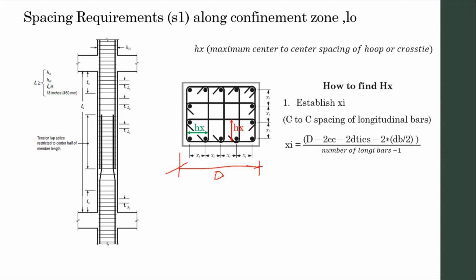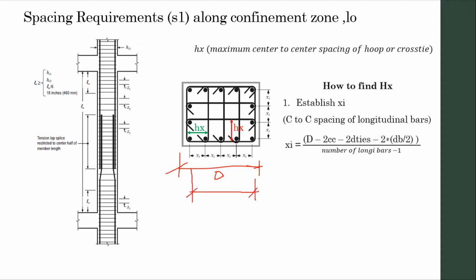Then, D minus 2 times the concrete cover, right? This one and this one. So, our minimum concrete cover, let's say 40 mm, minus 2 times the diameter of ties, right? There is a tie here, and a tie here. So, 2 diameter of ties, minus 2 times db over 2, or the bar over 2, to establish this distance. Right? Establish the total distance.